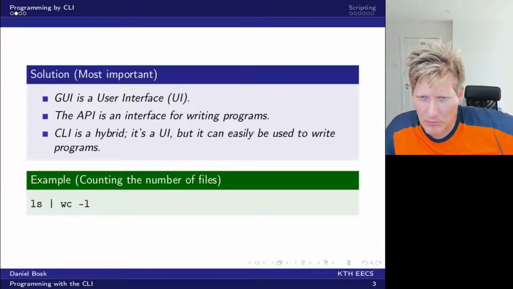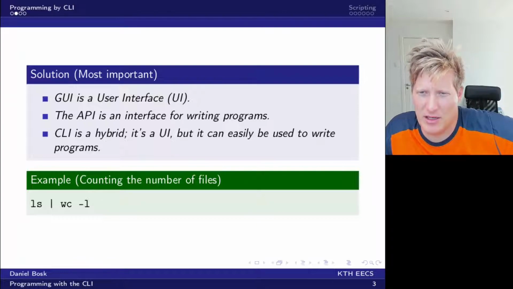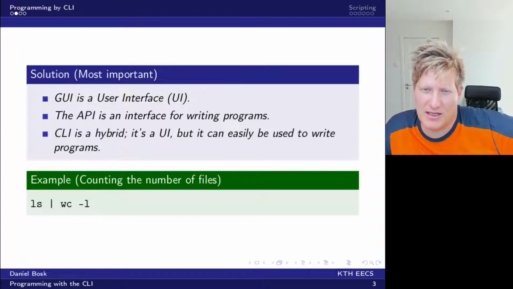So this is what we've seen before. We talked about that the graphical user interface is a purely user interface. The API is an interface for programs, so it's used to write programs. The command line interface, on the other hand, is a hybrid. It's a user interface, but it can easily be used to write programs.